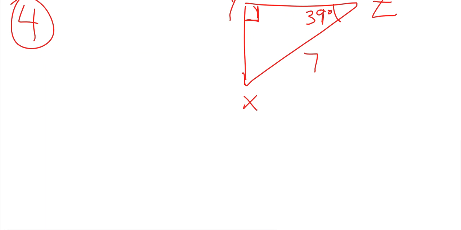So to begin with, let us think about how we're going to label the sides. First of all, we have this side right here, okay? This side is XY. This side over here is YZ, and this side here is XZ. Usually we would list them in alphabetical order, okay?